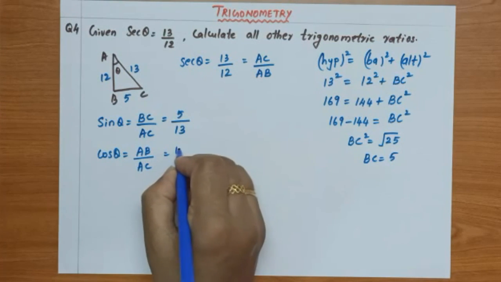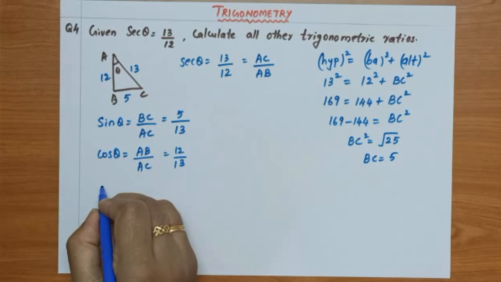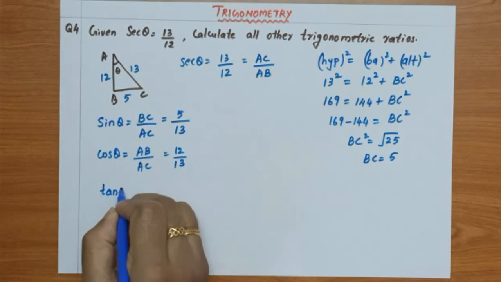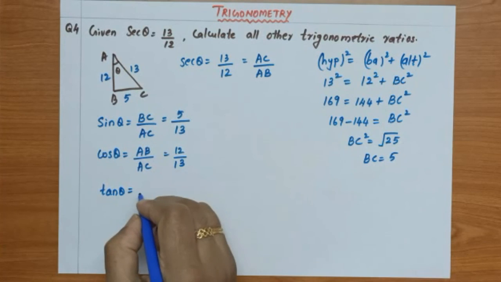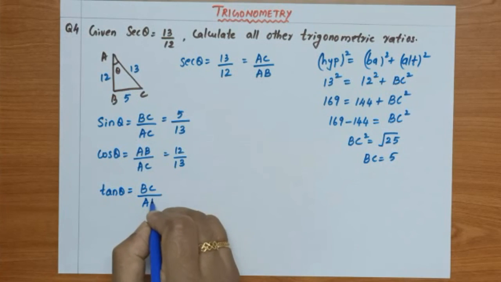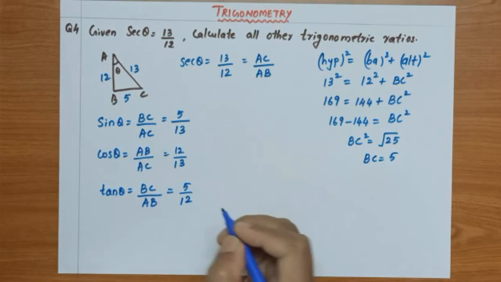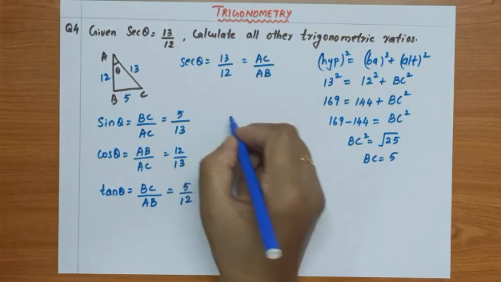So that is 12 by 13. Then tan theta equal to opposite side by adjacent side, that is BC by AB. So 5 by 12.